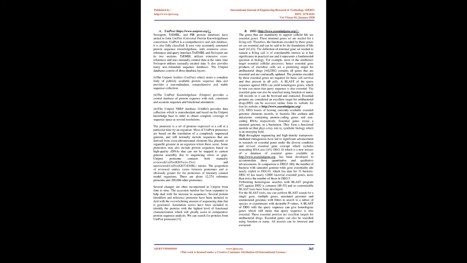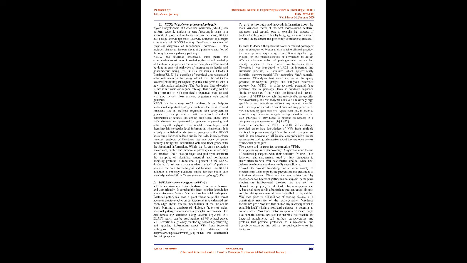DEG contains all genes that are essential and is continually updated. The proteins encoded by these essential genes are required for basic cell survival and thus present in all cells. A BLAST of the query sequence against DEG can yield homologous genes, which in turn can mean that the query sequence is also essential. The essential gene can also be searched using function or name.